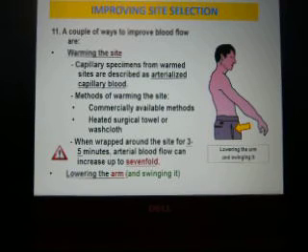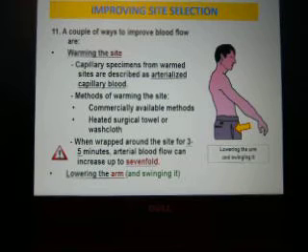So also, improving site selection, we always want to make our job as easy on us as humanly possible, as easy on the patient as humanly possible. So things like warming the puncture site, okay, helps facilitate phlebotomy by significantly increasing arterial blood flow to the area.